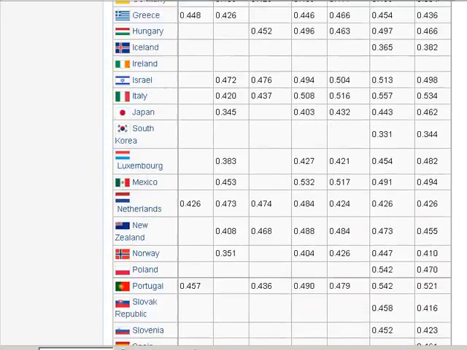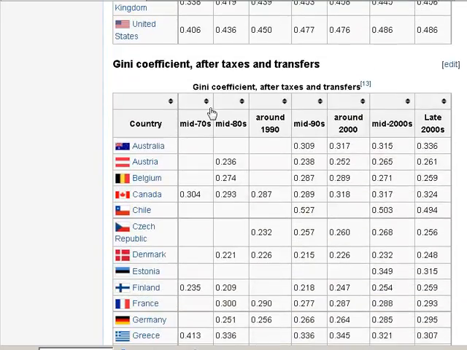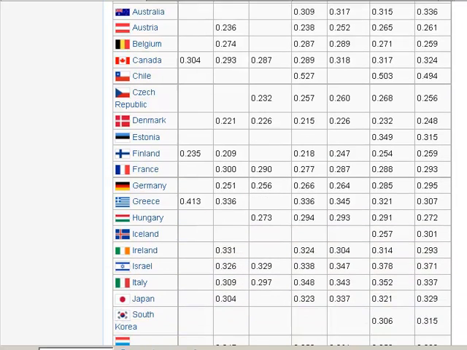To me, the relevant data is after taxes, because that's where the state gets to express itself. Does it penalise the less well off, or does it help them?